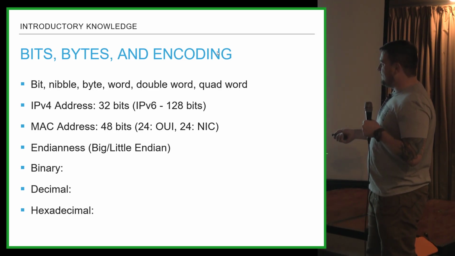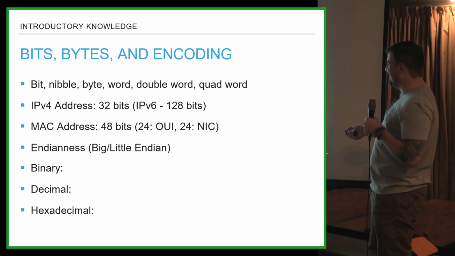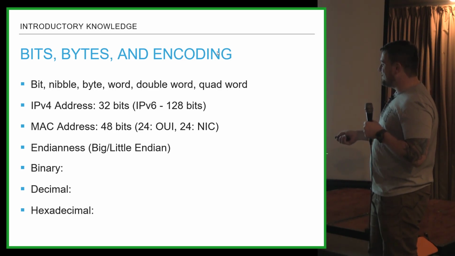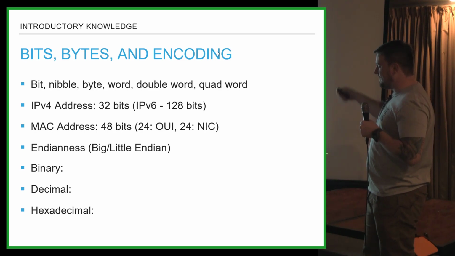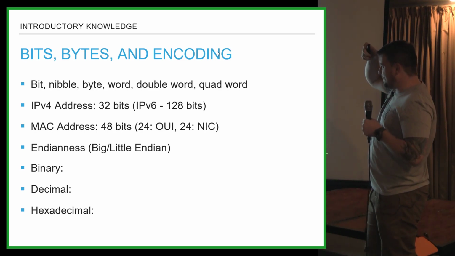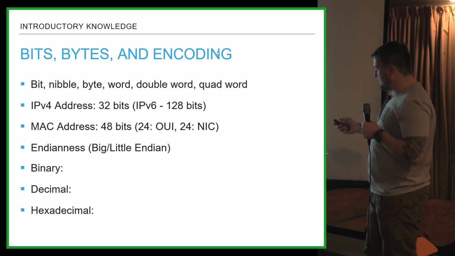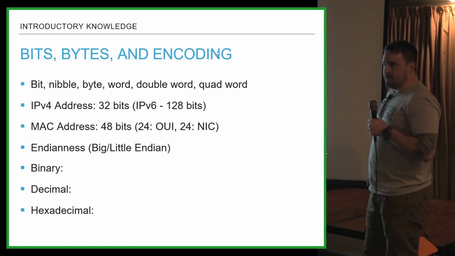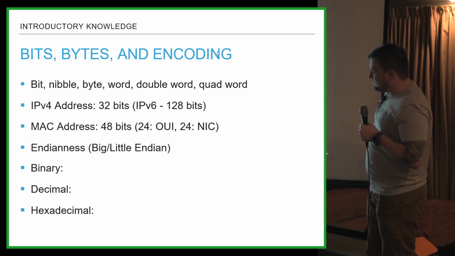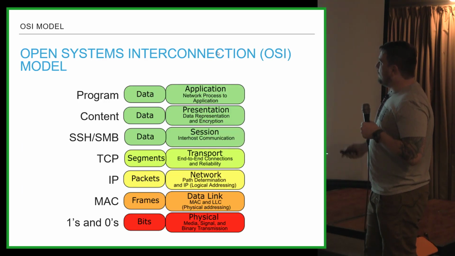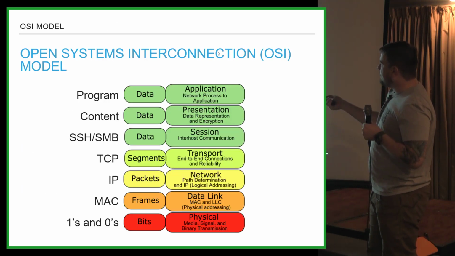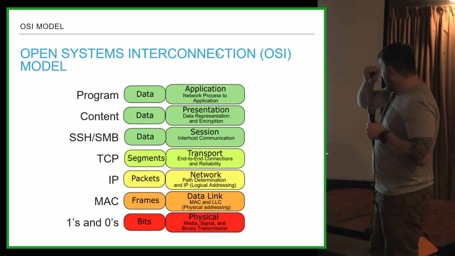Anyway, there's 8 ones and zeros, and then a dot, and then 8 ones and zeros, and then a dot, and then in decimal, there's the IP address that you've probably normally seen. I think it's a 192.168 address, and then hex is basically 0 through F. We'll move on from there.